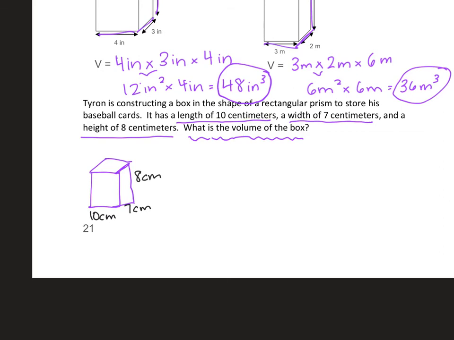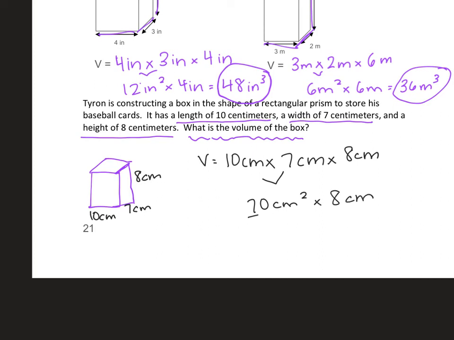All right, so to find the volume, I'm going to say 10 centimeters times 7 centimeters times 8 centimeters. Okay, 10 centimeters times 7 centimeters is going to give us 70 square centimeters times 8 centimeters.